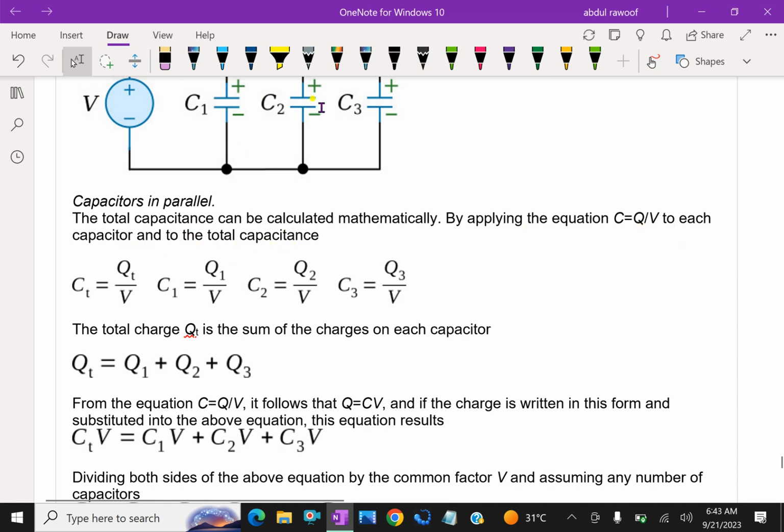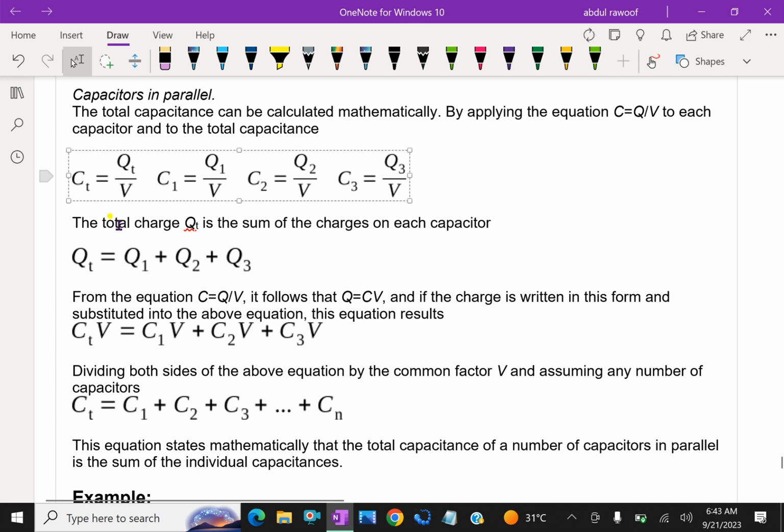In parallel, voltage is not distributed, voltage is common and charge is distributed. Therefore, CT, total capacitance, is equal to Q total, that is total charge over V. Then C1 equal to Q1 over V, because Q is distributed, V is not distributed. C2 equal to Q2 over V, C3 equal to Q3 over V. The total charge is addition of all charges. That means Qt equal to Q1 plus Q2 plus Q3.